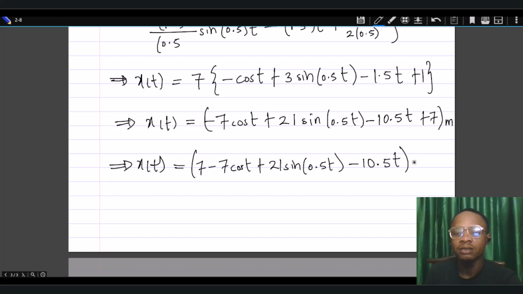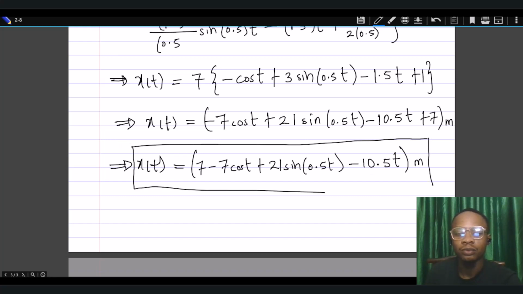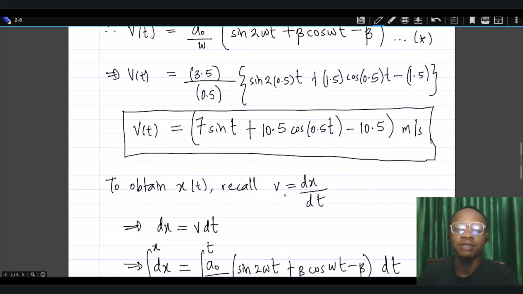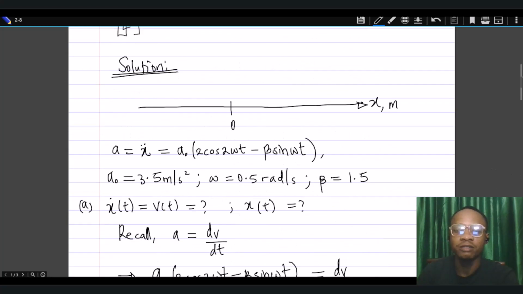Okay, so put all of this here and that will be in meters. So with that, we are good to go. Okay, so that is x as a function of time. This is v as a function of time up here. So we're done with the first part of the problem.